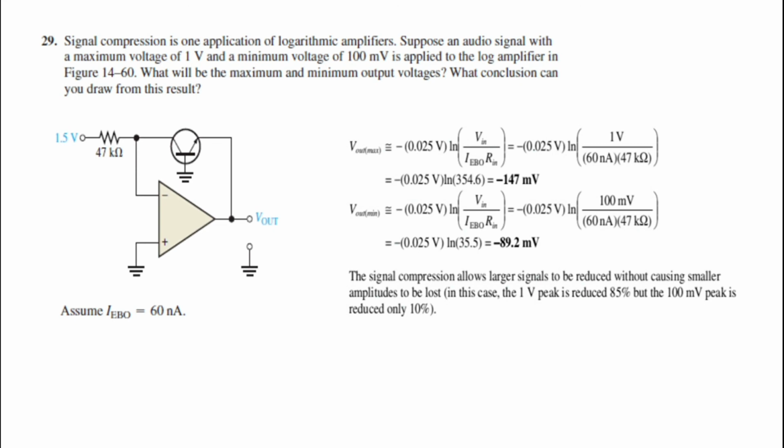So the compression in larger signals is large, while there is a small reduction in smaller voltages.